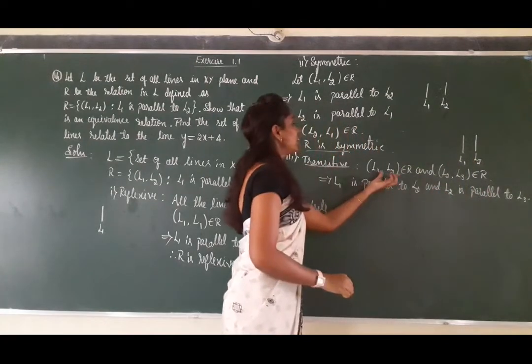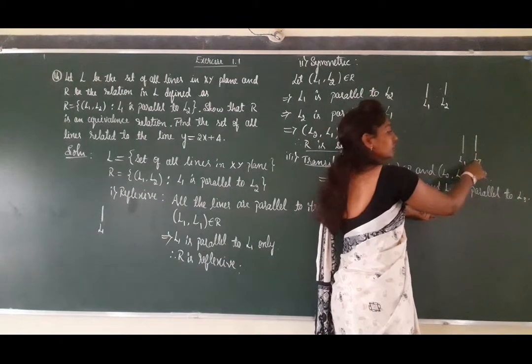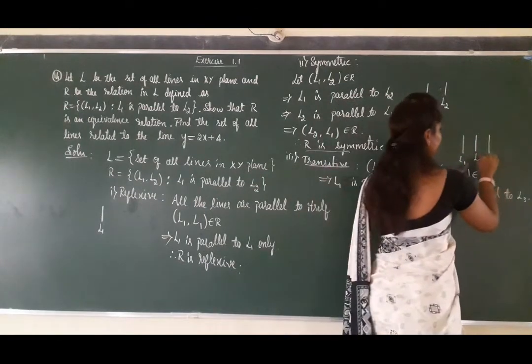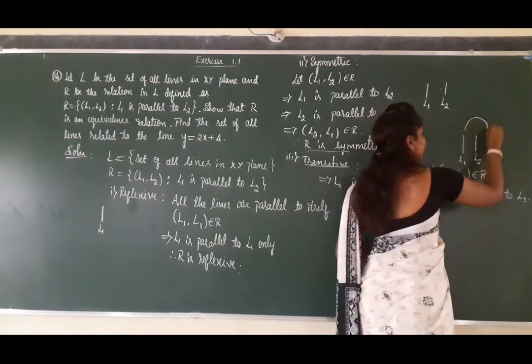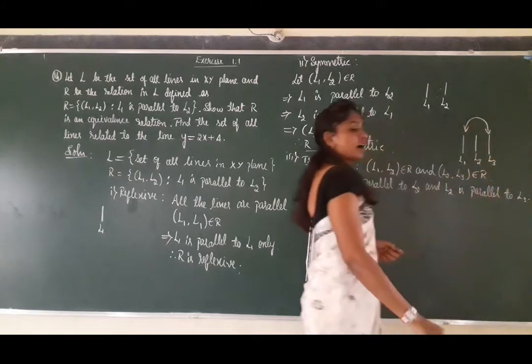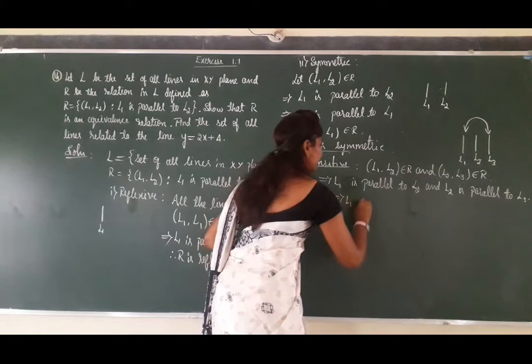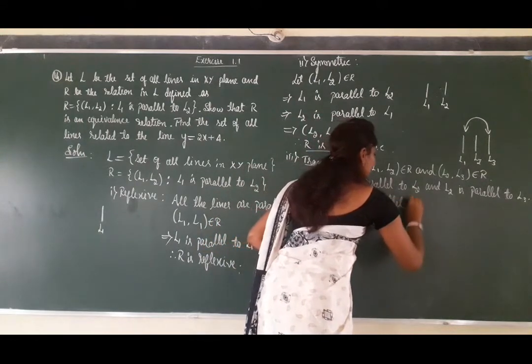First I am taking L1 is parallel to L2. Then L2 is parallel to L3. Line L2 is parallel to L3. Obviously, line L1 and L3 are parallel to each other. This implies that L1 is parallel to L3.